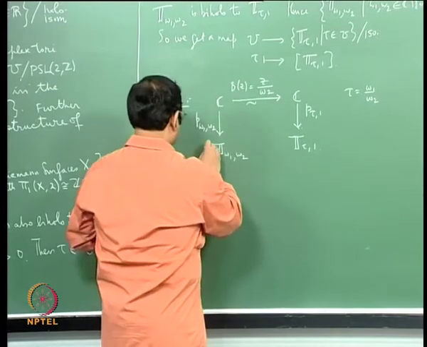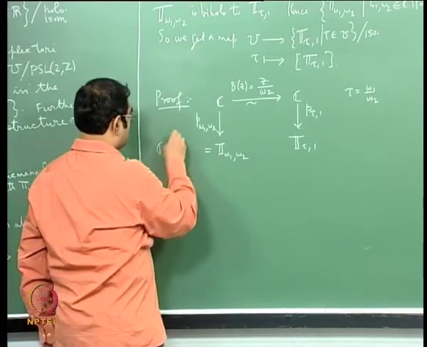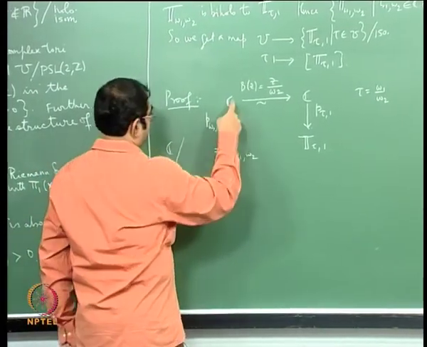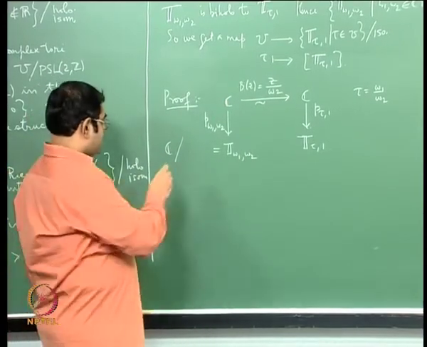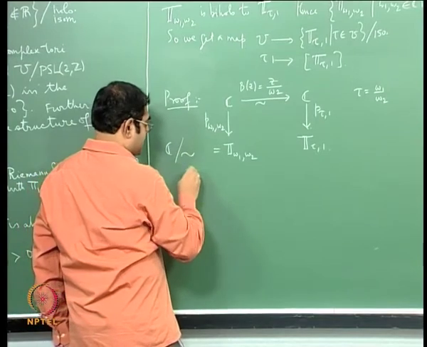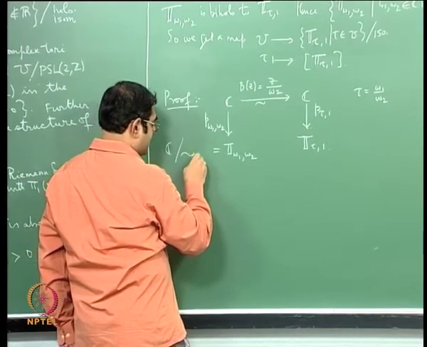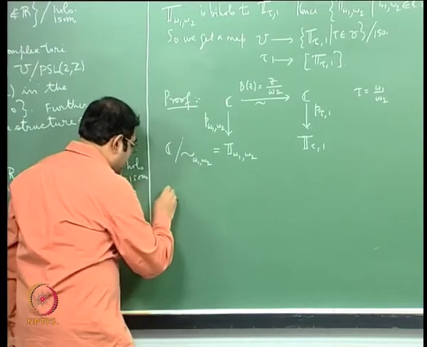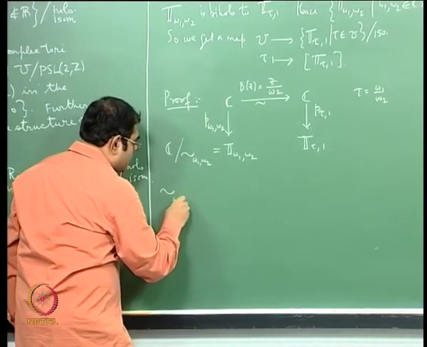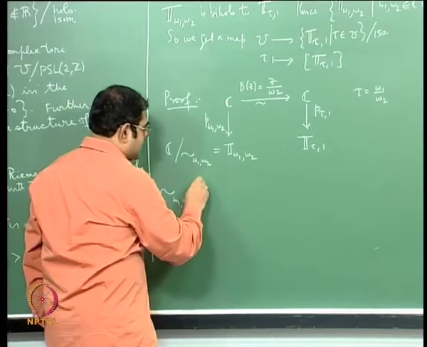Notice that this is just C mod an equivalence relation, let me put it equivalence sub omega 1 comma omega 2.